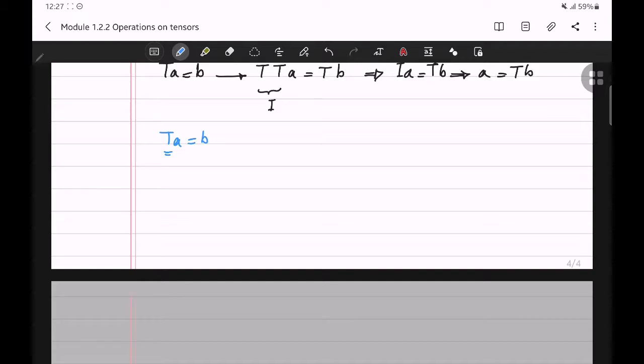Therefore there might be more than one transformation matrix that can transform A into B.